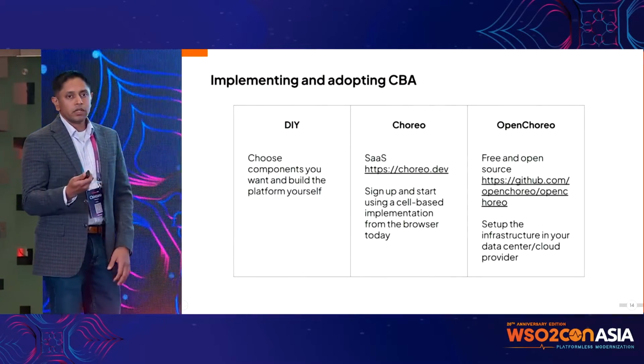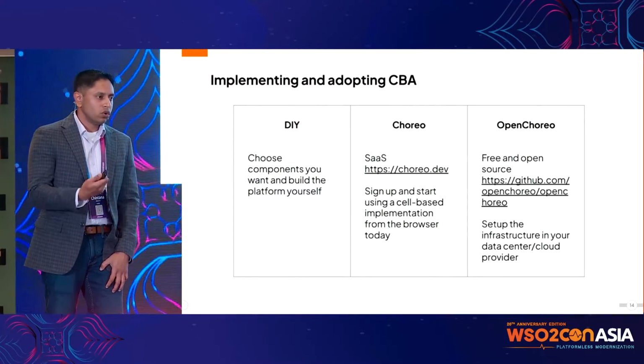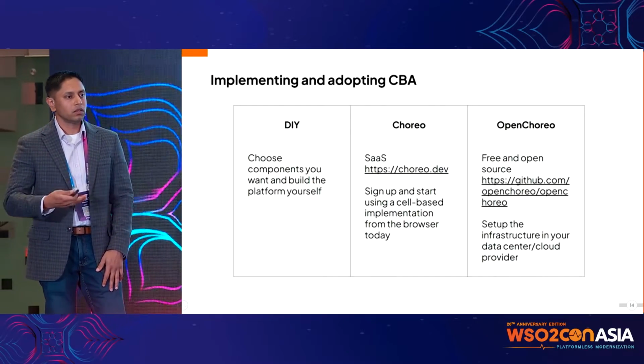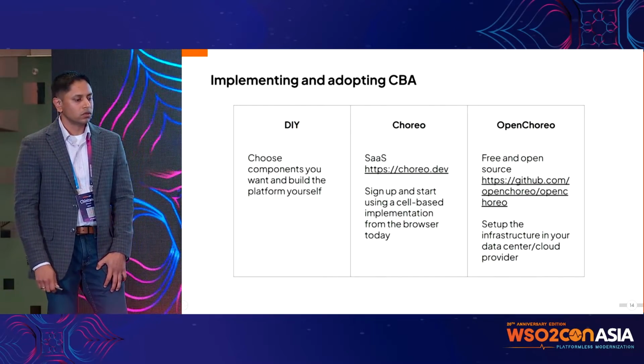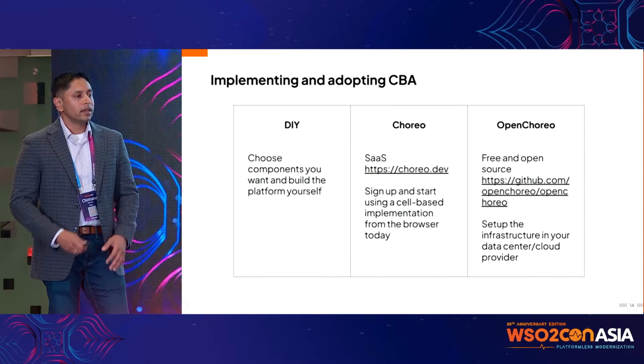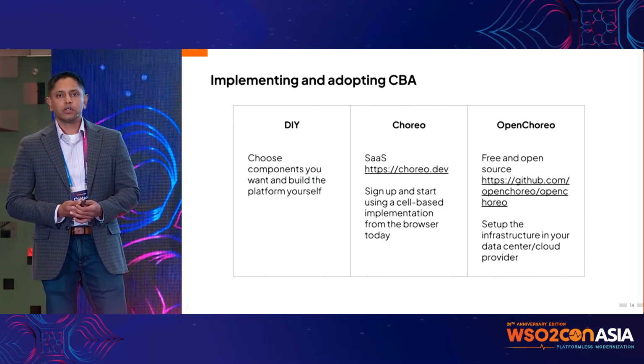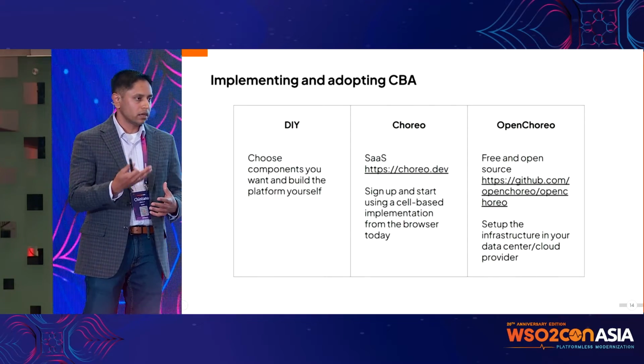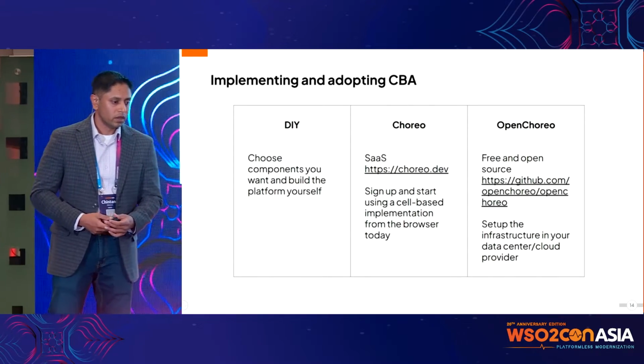The second option is to use Choreo, which is a SaaS product. You just sign up and start using Choreo through a web browser, and it gives you the cell-based architecture without having to install anything. So you can be productive from day one.